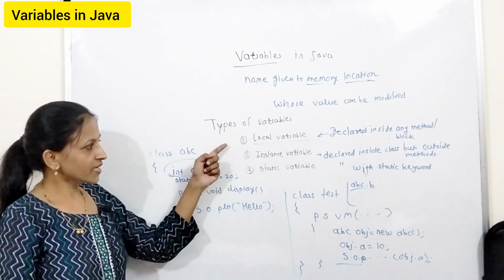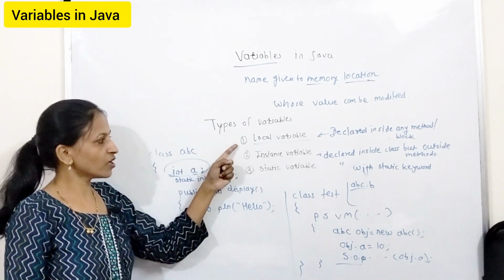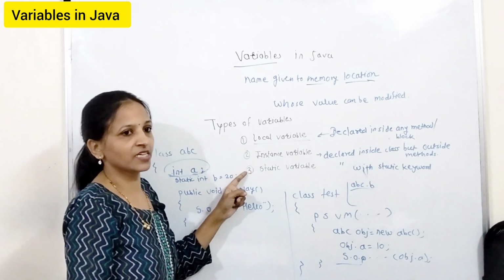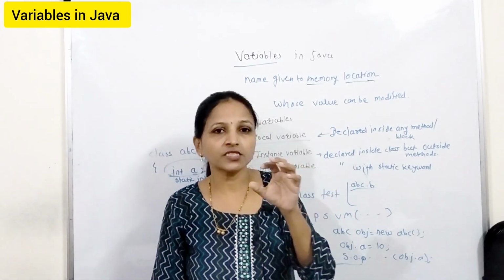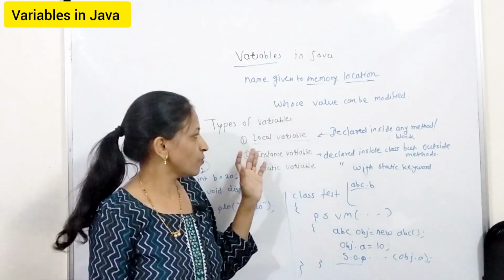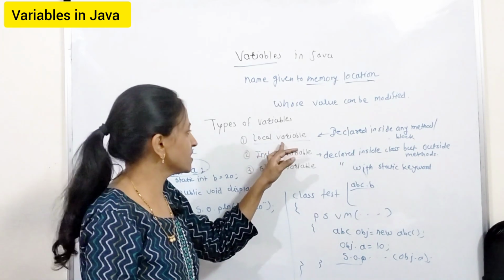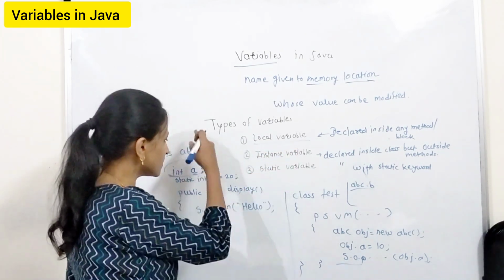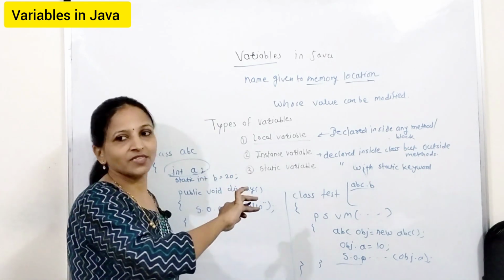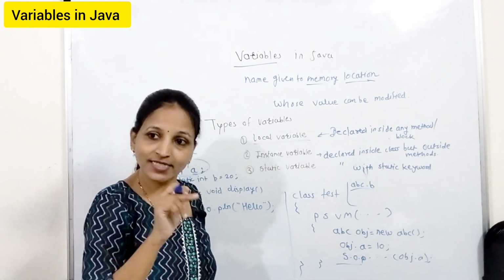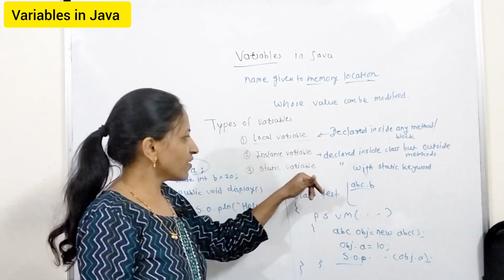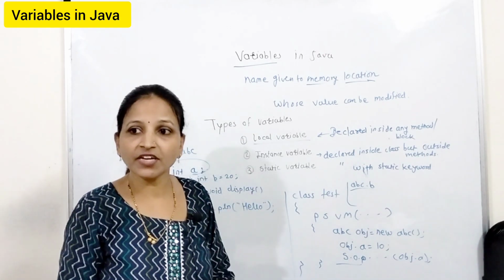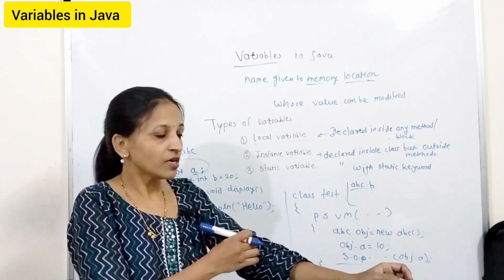Basically all the variables are categorized into three types: local variables, instance variables and static variables. Whatever variables are declared inside any method or any block, those are called local variables. Instance variables means variables declared inside the class but outside all the methods. And see, one point is remaining here.